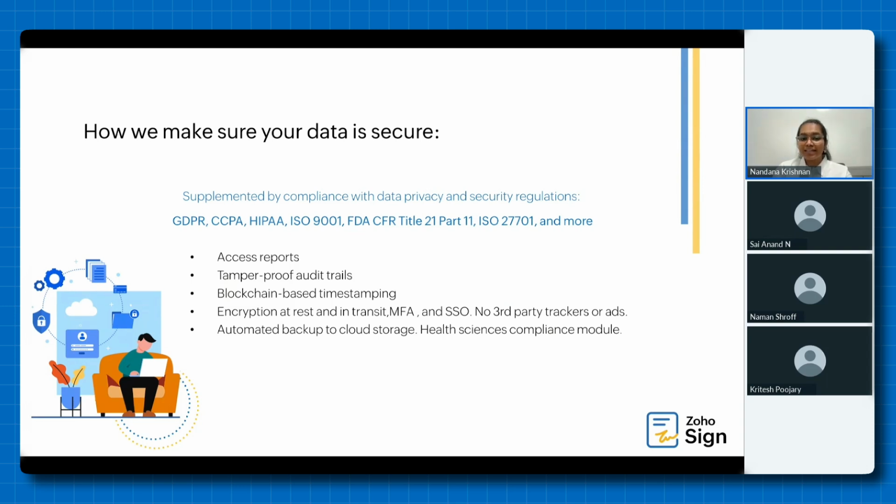This is further backed by detailed reports, tamper-proof audit trails, blockchain-based timestamping, and trusted document digital timestamping. Zoho Sign offers encryption at rest and in transit. We also mandate the use of multi-factor authentication, which adds an extra layer of security to keep unauthorized individuals at bay, and we use a single set of credentials across apps.